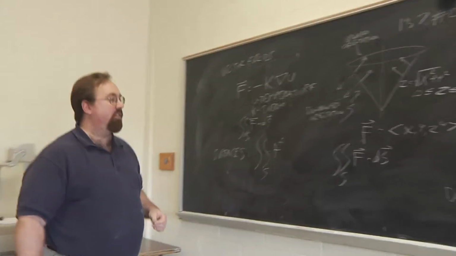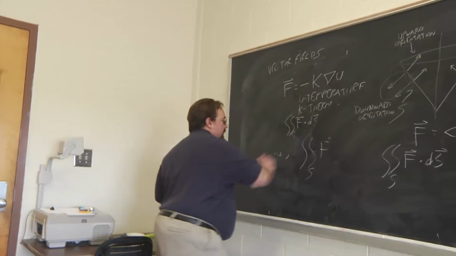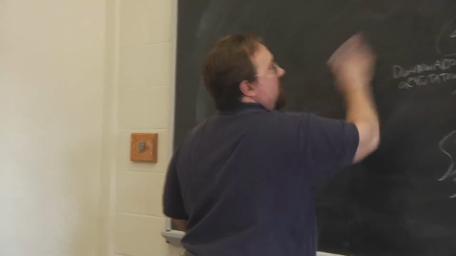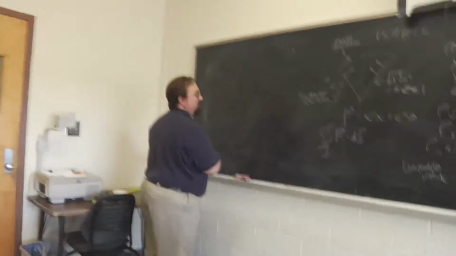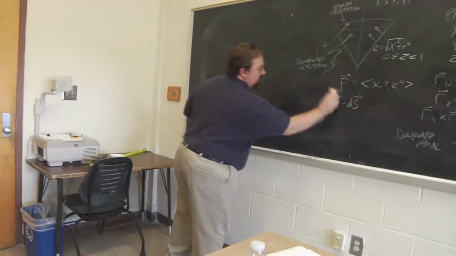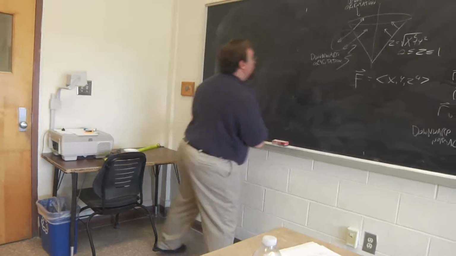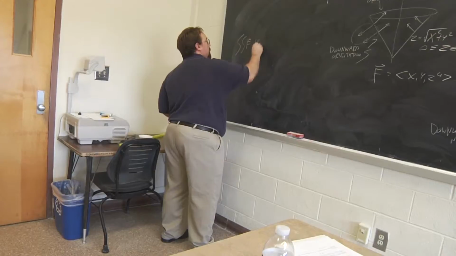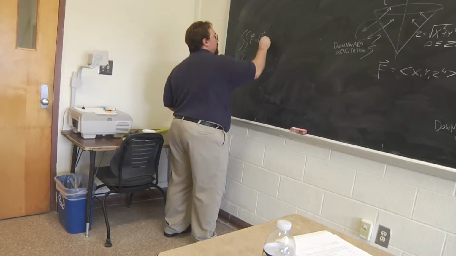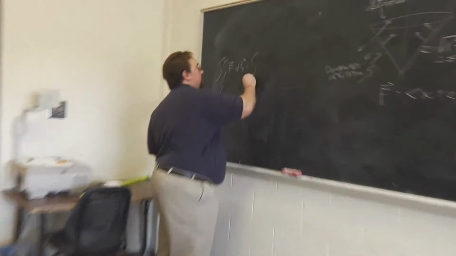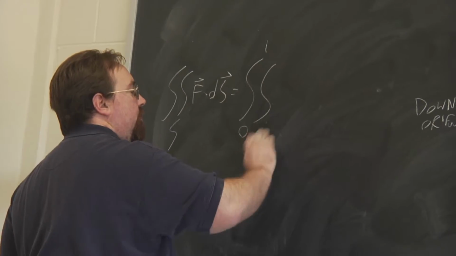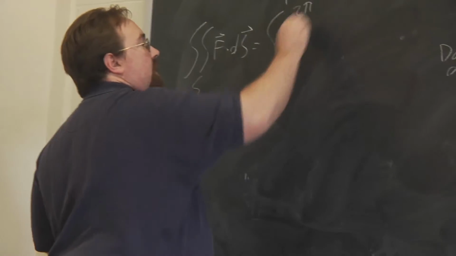Okay, so now we're going to set up the surface integral. The surface integral of F dot dS. We're going to integrate over parameter space, so from 0 to 1 in u, and 0 to 2 pi in v.